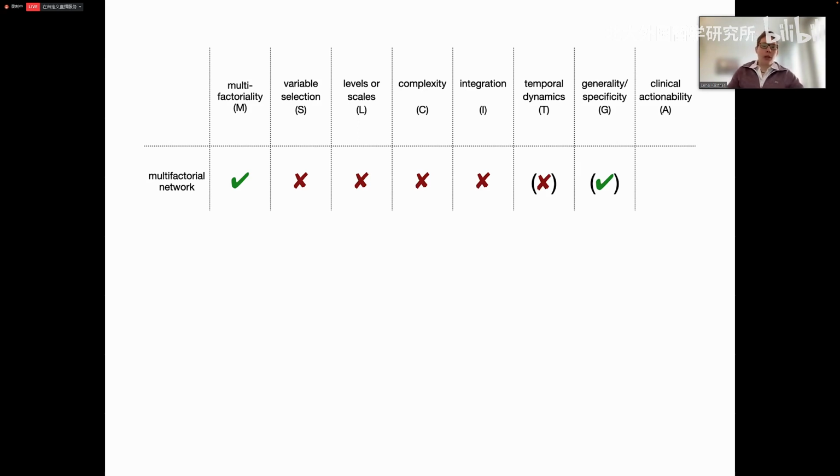Now, finally, how about clinical actionability? I already said that if we look at just symptoms, like the core thing in the middle that you had in the graph on the previous slide, then that's rather straightforward because symptoms are something that clinicians actually deal with. So if you just focus on symptoms, then we might have pretty good clinical actionability.